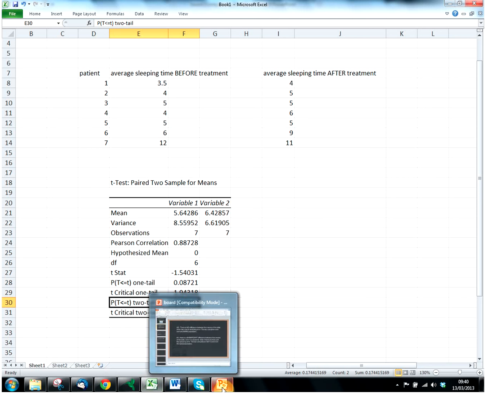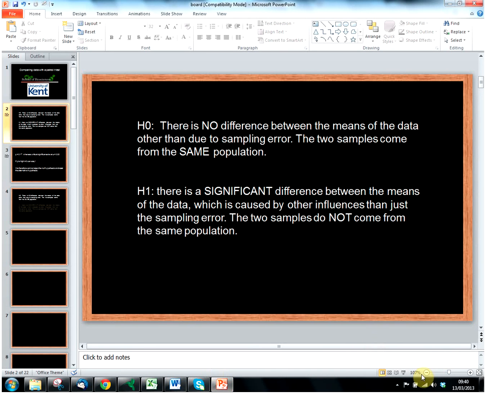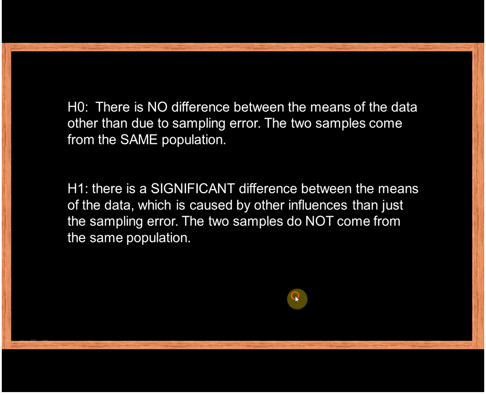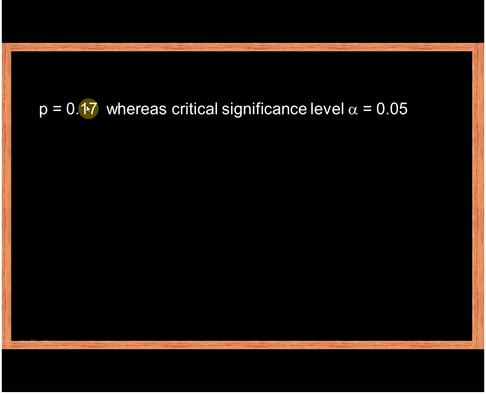So let's go back to our null hypothesis, and we say our probability is 17% or 0.17, whereas we said the critical significance level is alpha 0.05 or 5%. Now we can say if p is high, H0 can stay.